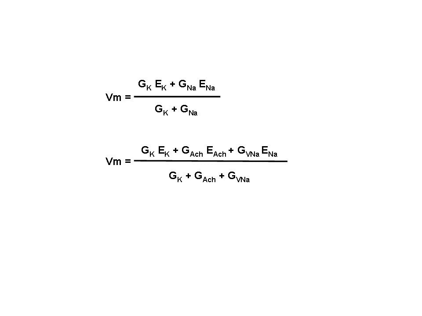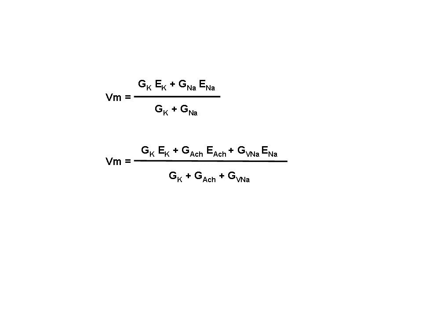So GVNA is the voltage-gated sodium channels, GACH is the conductance due to nicotinic acetylcholine receptors, and GK is the conductance due to potassium channels that are active during the basal resting state conditions.